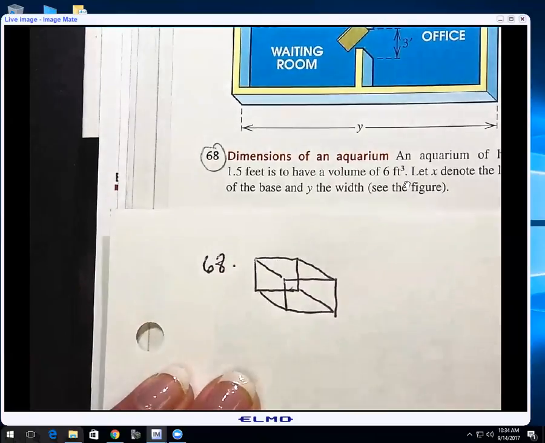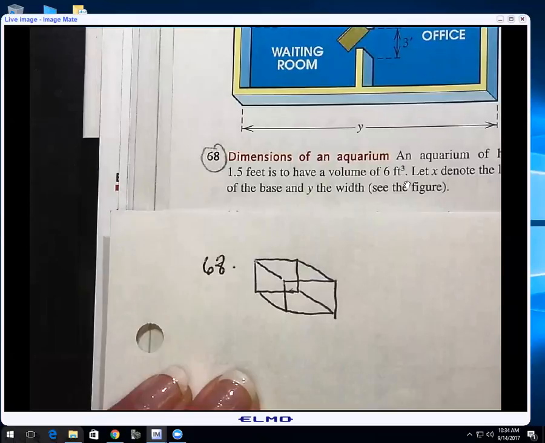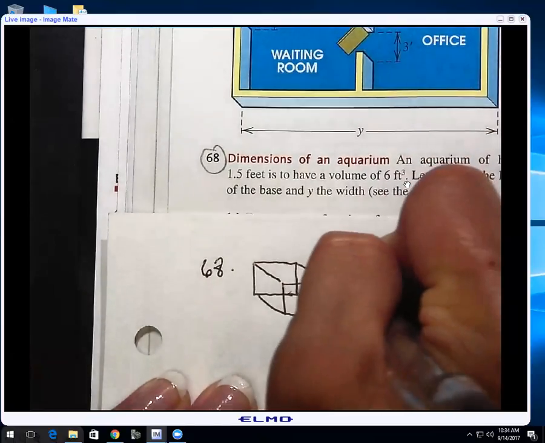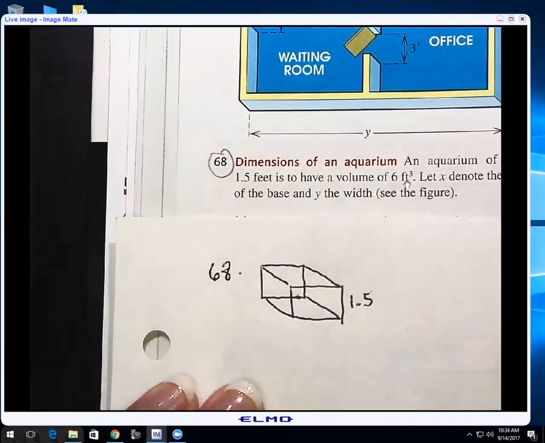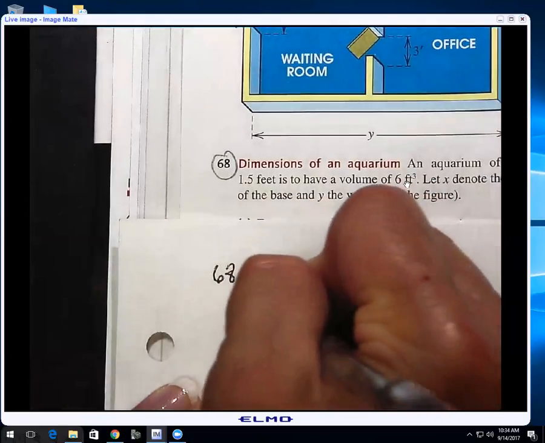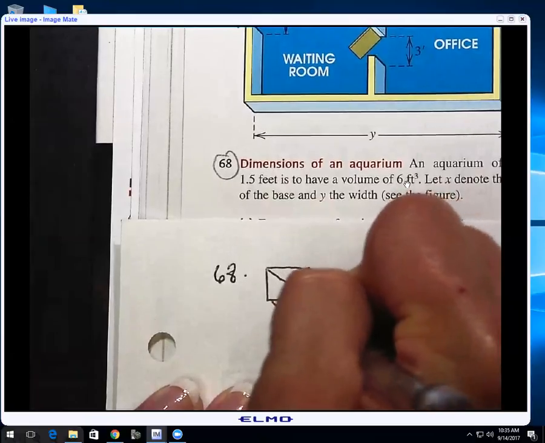What do we know? The aquarium has a height of 1.5 feet, also known as the depth of 1.5 feet. Let x be the length of the base, call that my length, and let y be the width.